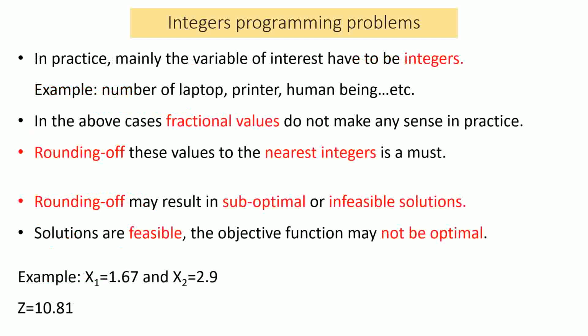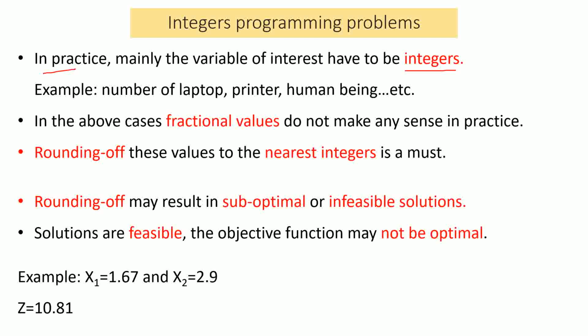By the way, in practice, mainly the variables of interest have to be integers. For example, if we consider number of laptops, printers, number of human beings, number of refrigerators, number of chairs, number of tables, number of TVs, number of mobiles, and so on, they are integer values. Their values are integer, cannot be fraction.